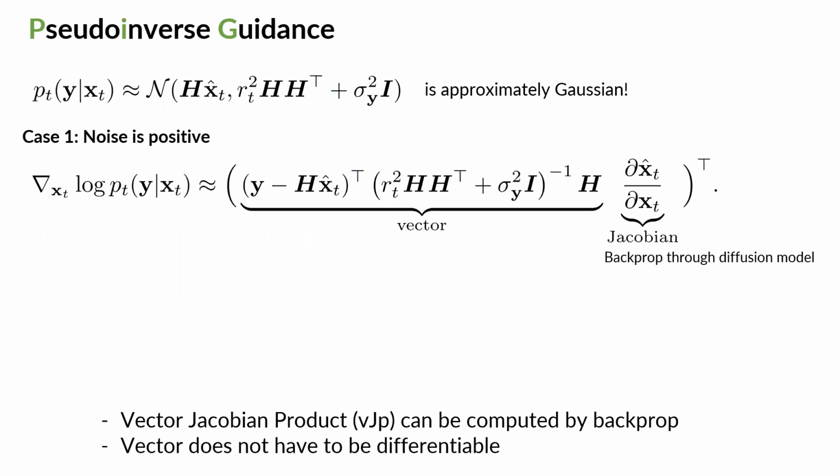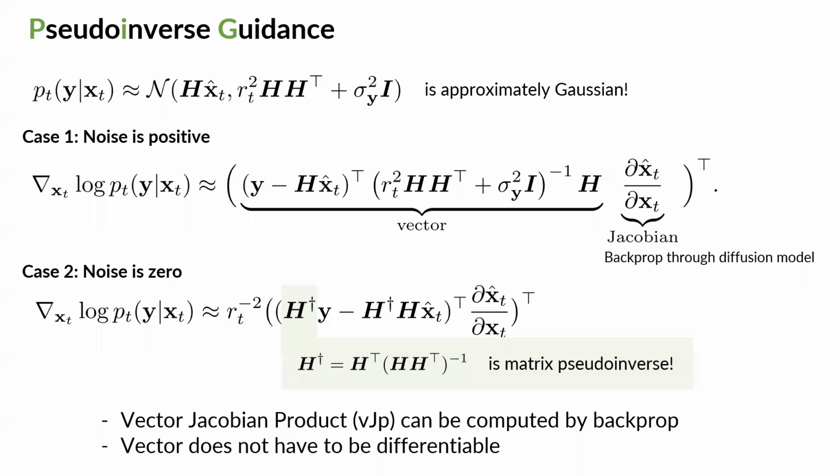And because this is Gaussian, you can derive the approximations to the score in different cases. For example, in the first case, if you have a positive amount of random noise, then you would have this quantity which has the vector and the Jacobian product in it.